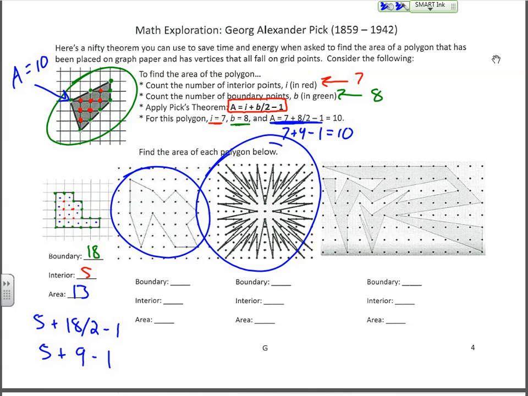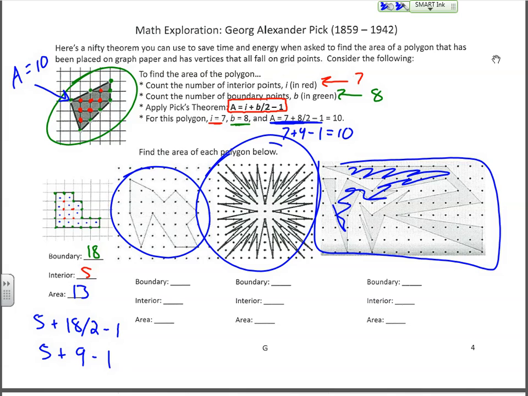And then this thing, I don't know, like a lightning bolt gone wrong. Anyway, so use Pick's theorem to find the area of these polygons. This is the polygon here, all this jagged thing throughout, so you've got to find the interior, the boundary points, do all that stuff. Use Pick's theorem. Yay, Pick!